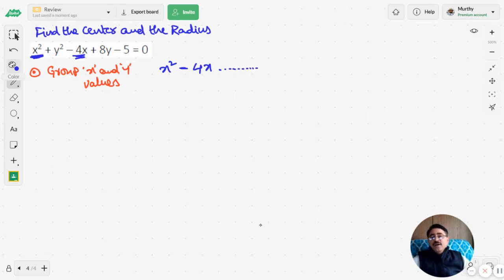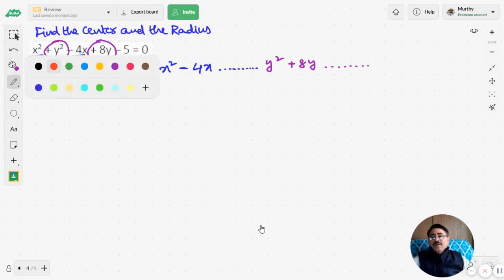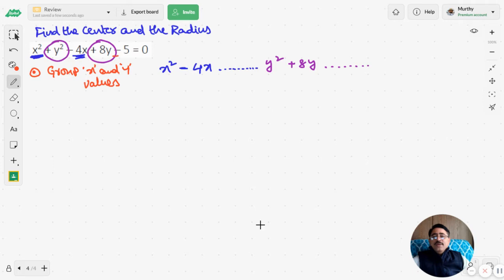Then take y values: I see y square and positive 8y. Therefore that is y square plus 8y. You may leave sufficient space. And I see that here negative 5 is there. We have to eliminate this one.